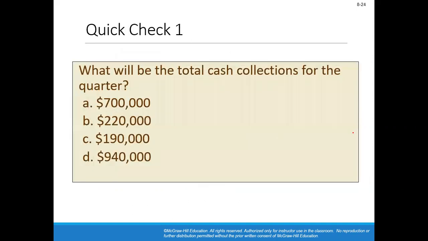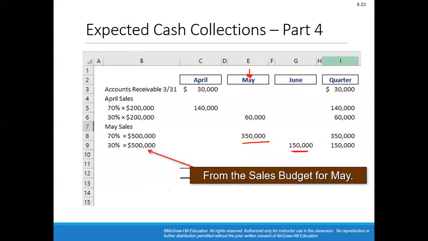Okay. Now, what will be the total cash collections for the quarter? What will be the total cash collections for the quarter? Write your answer in the chat box.